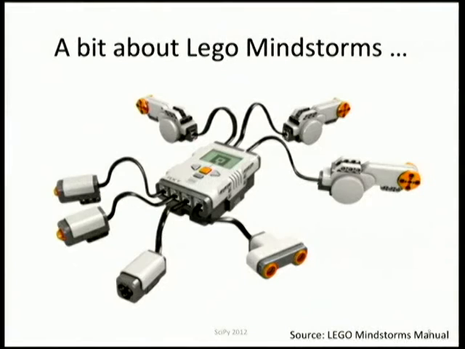A bit about Lego Mindstorms, if you're not familiar with it. The heart of this thing is the NXT brick, which is in the center. It's a simple microcontroller which can take in a bunch of sensor data. I'm not using any of the sensors in my application, but there are touch sensors, color sensors, ultrasound sensors, and so on.